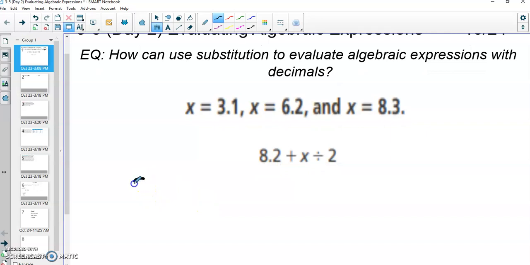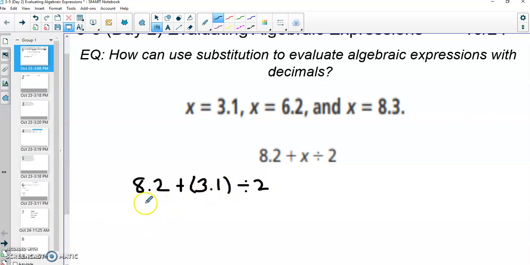So we have 8.2 plus, okay, instead of putting x, we're going to put in this 3.1. I'm writing with a mouse, so sorry if it's not real neat. Divided by 2. Okay, so I've now rewritten my expression.